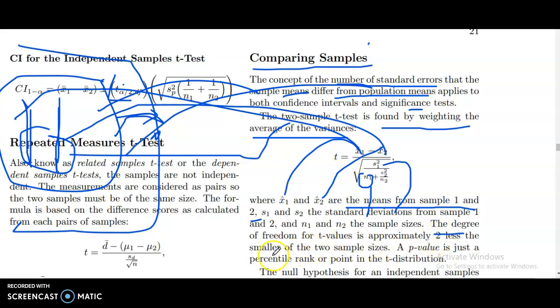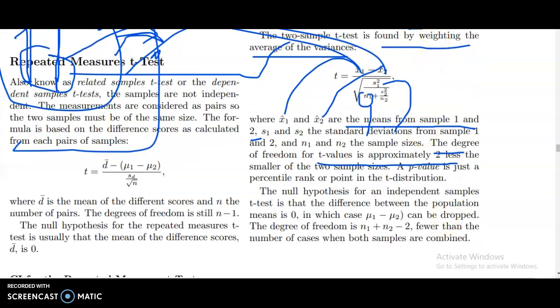The degree of freedom for t values is approximately 2 less than the smaller of the two sample sizes.